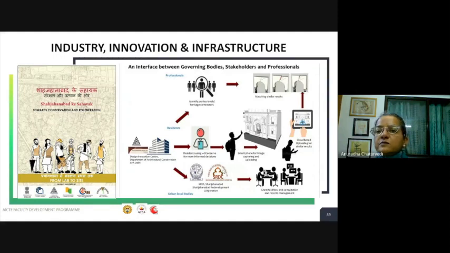So it's extremely important to ensure that constant innovation is taking place, which will result in improvement of the infrastructure and which will result in urban regeneration, thereby helping to achieve Sustainable Development Goal 11.